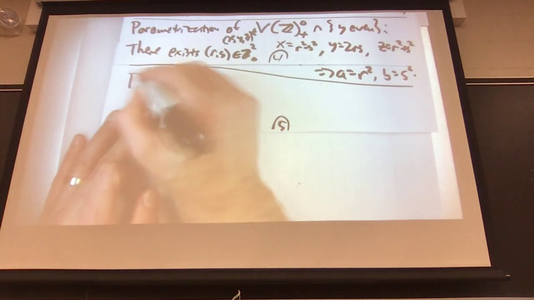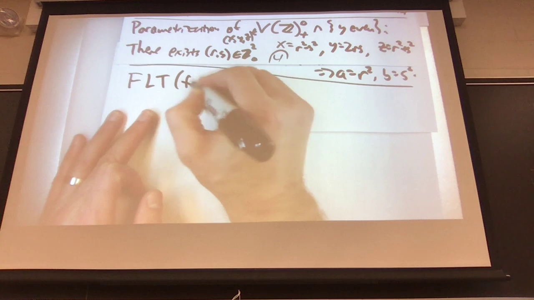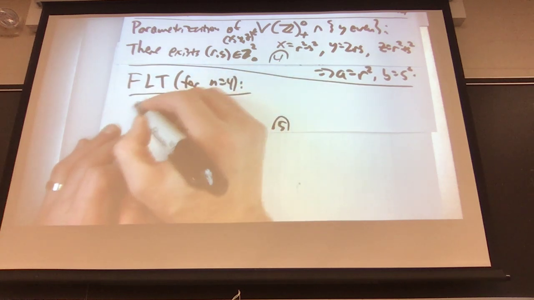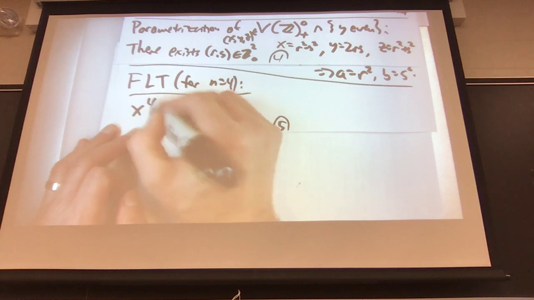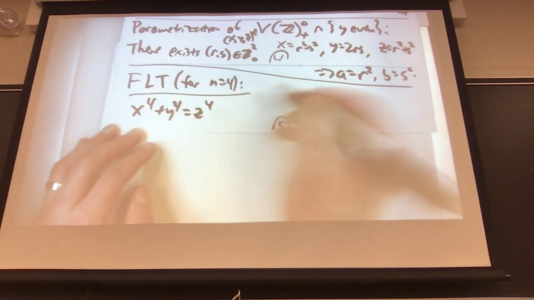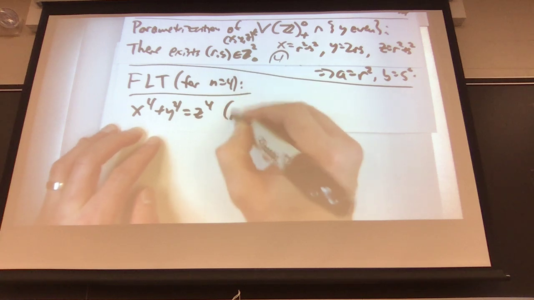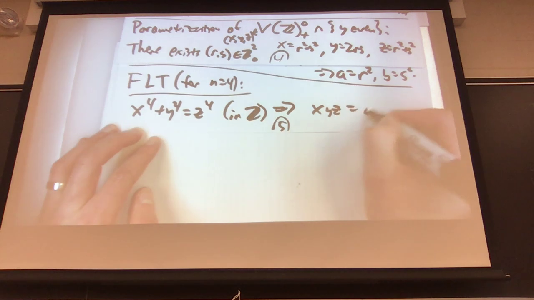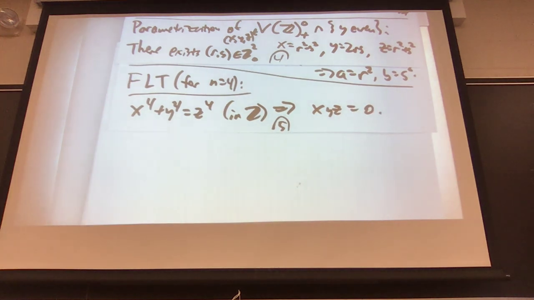So, Fermat's last theorem for n equals 4. It says that x to the 4 plus y to the 4 equals z to the 4 in the integers has only trivial solutions.